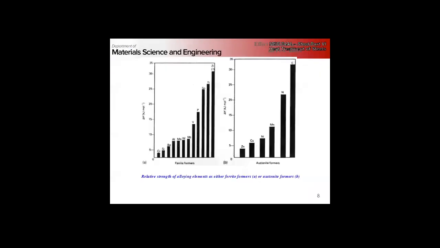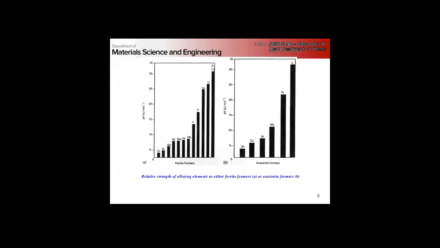Right, and if we look at the relative effects, right? So chromium, right, is a ferrite stabilizer, used more for the corrosion properties than for that.